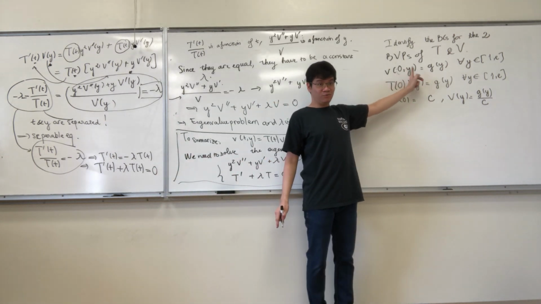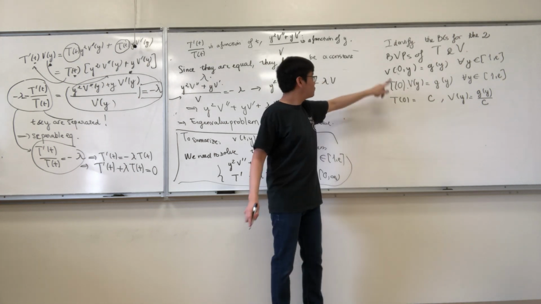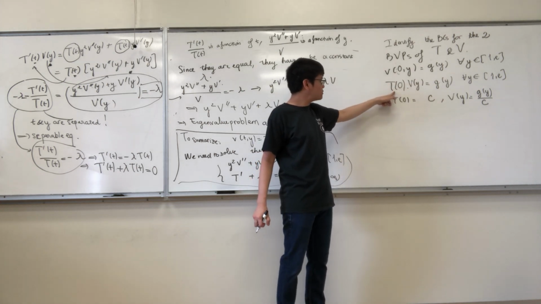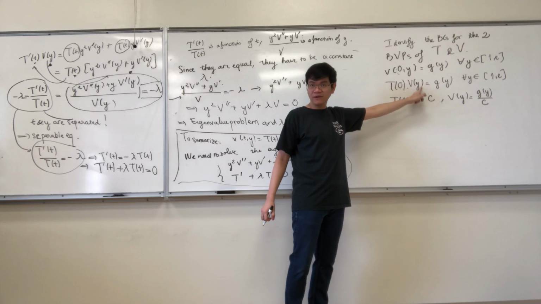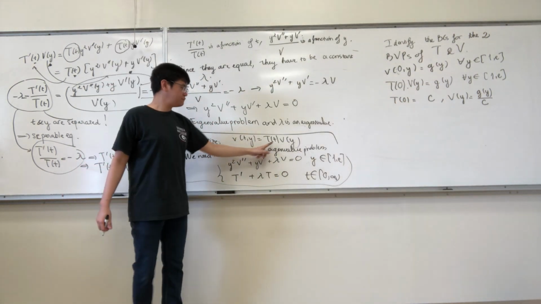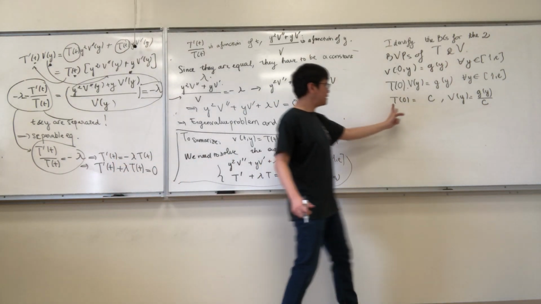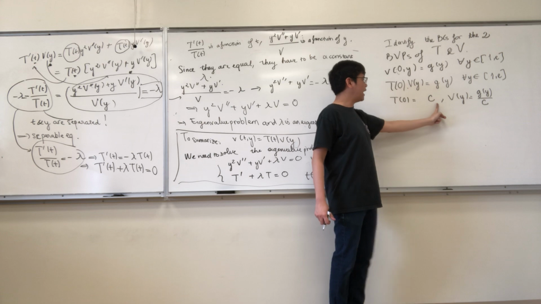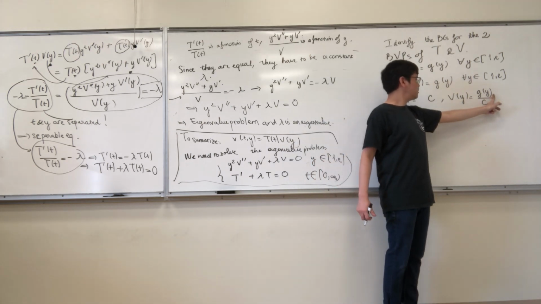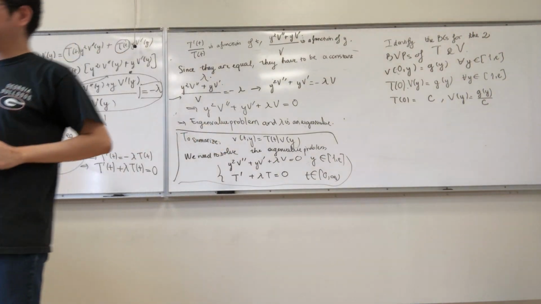So you have v at 0, y is a function g(y), right? So this v is the product of T(0) times V(y), because v is T times capital V, right? So this means that T(0) is a constant c, and V(y) is g(y) over c. It's clear? Questions?